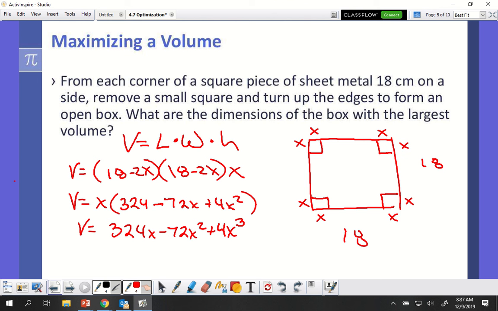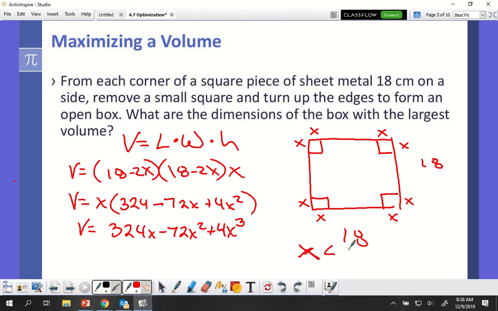So for the relevant domain, I know that x has to be between certain numbers, right? Not an equal sign right there. x has to be between certain numbers.